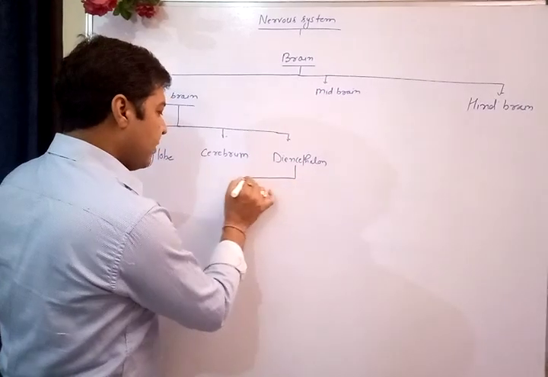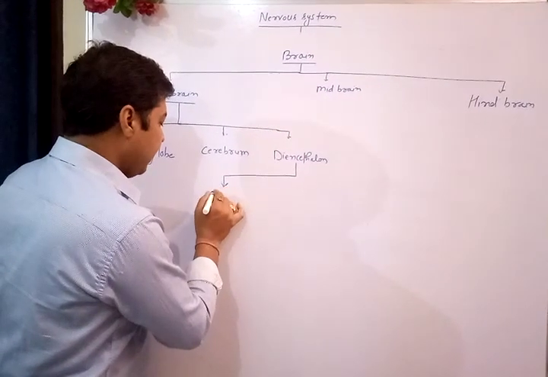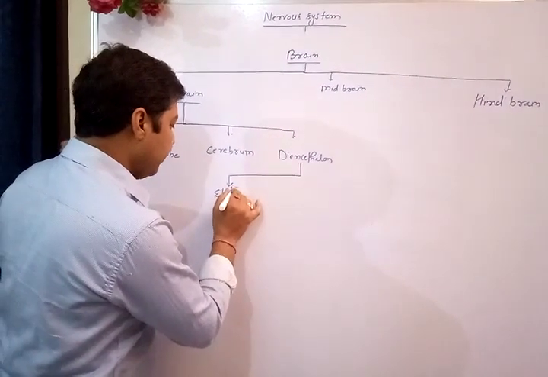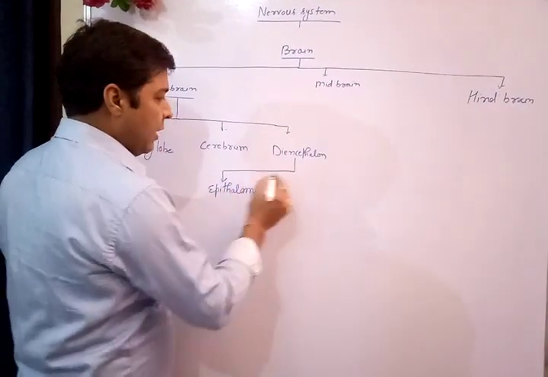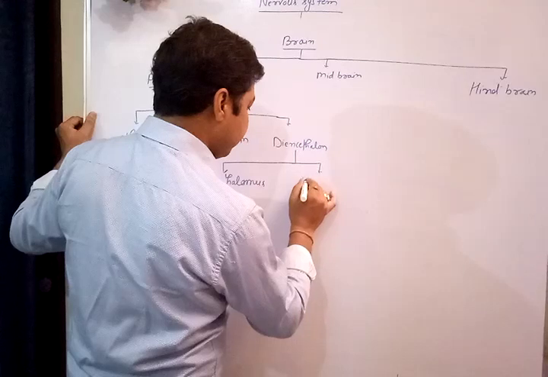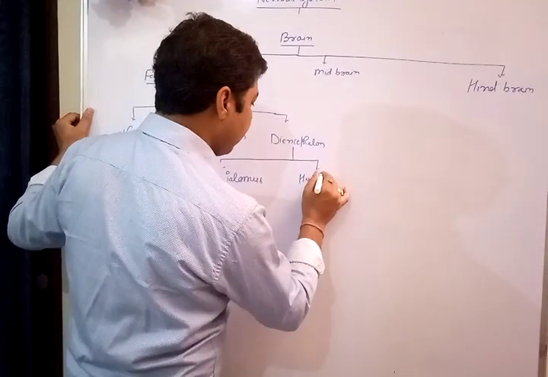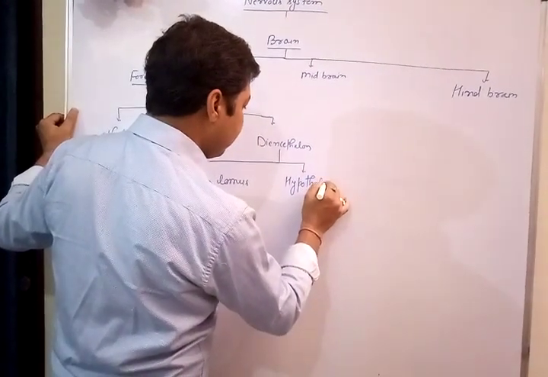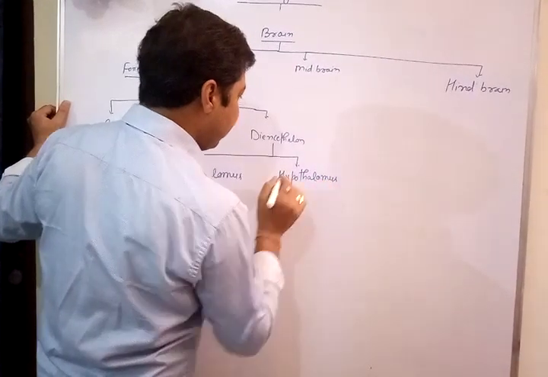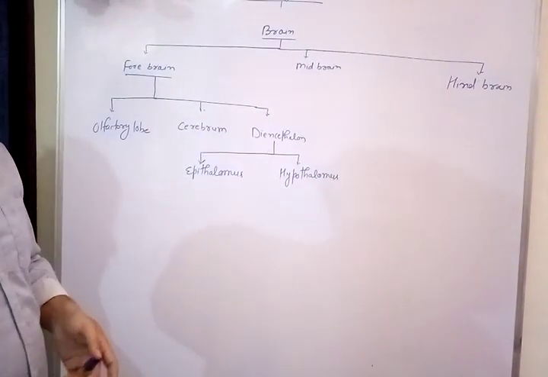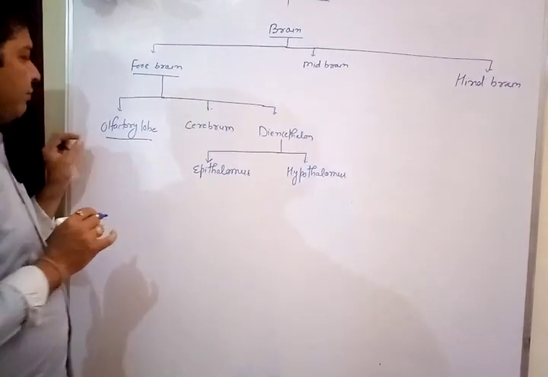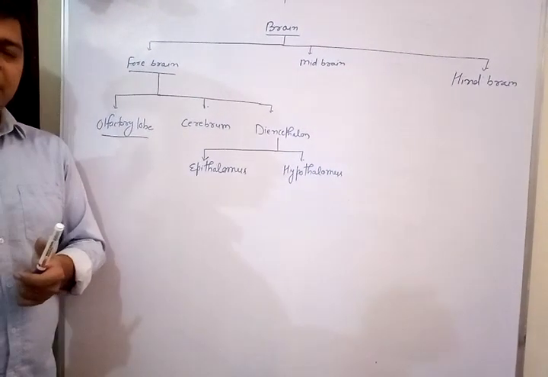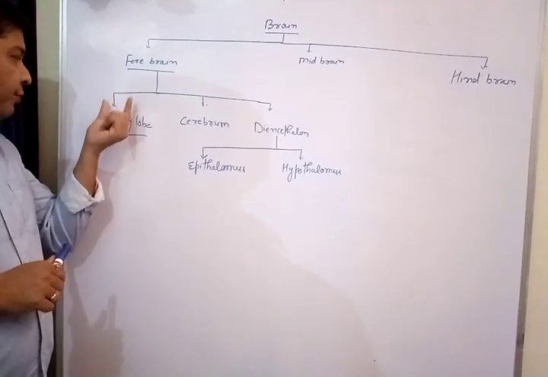This diencephalon is further classified into 2 parts: epithalamus and hypothalamus. Clear?